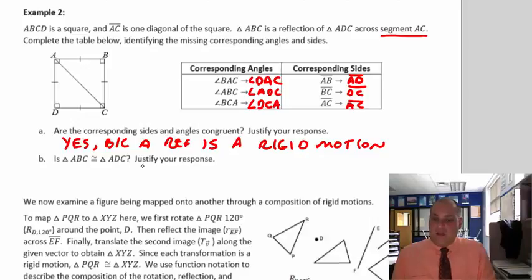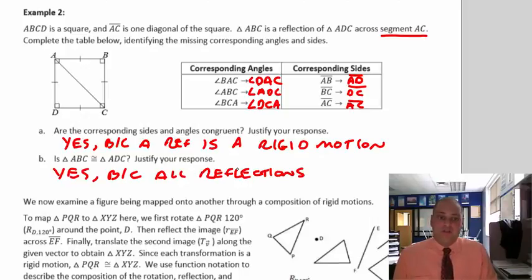And here I'll say, are they congruent? Yes, the triangles would be congruent because all reflections, or you could say all rigid motions, keep the same size and shape. And that's what congruent means.